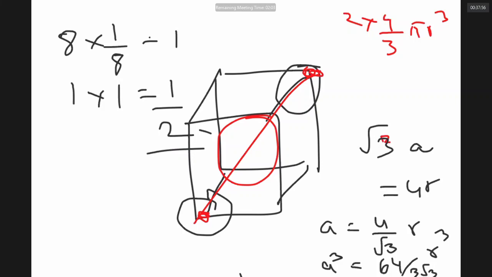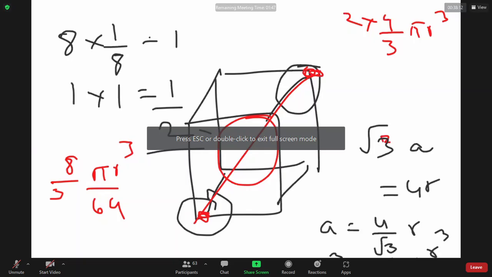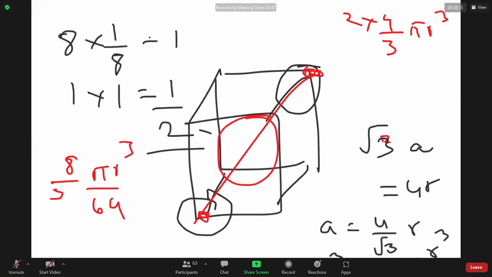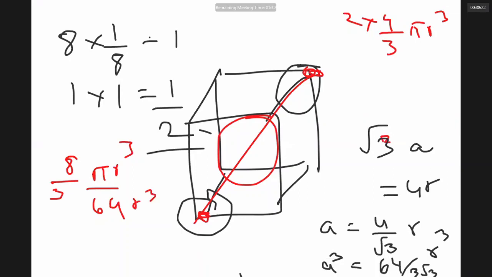Now efficiency is equal to 8 by 3 pi r cube divided by 64 by 3 root 3 r cube. If I cancel, it goes 8 times. The 3 cuts.